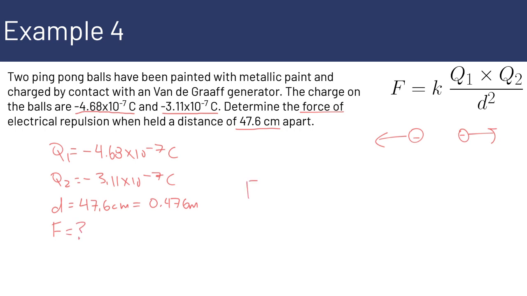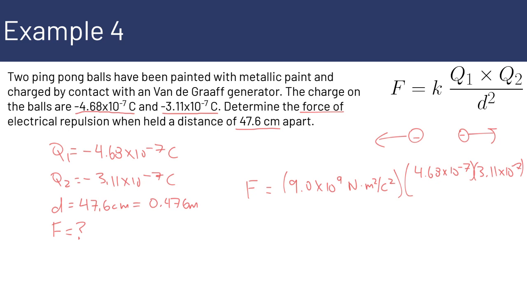So we have force is equal to K, which is 9.0 times 10 to the 9th, in newtons times meters squared per coulomb squared, times our 4.68 times 10 to the minus 7 times 3.11 times 10 to the minus 7.